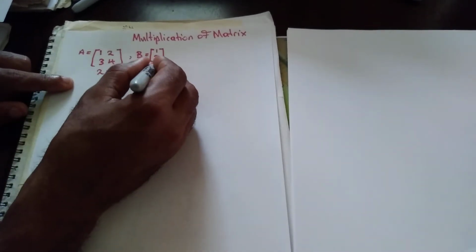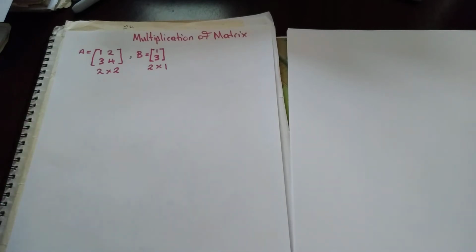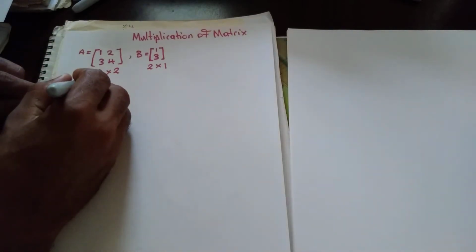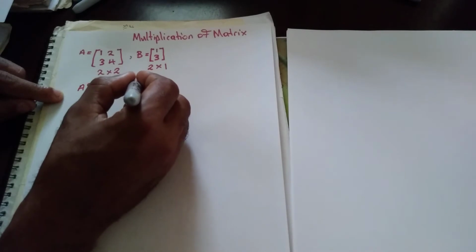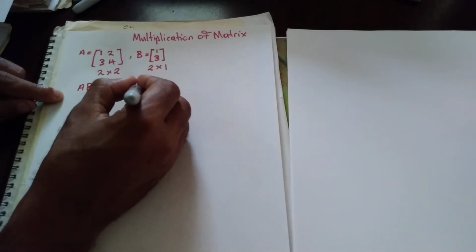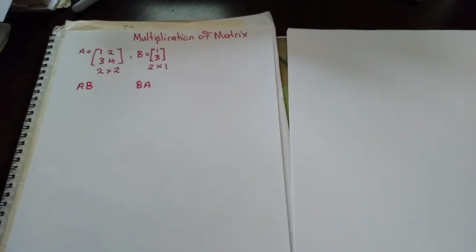So we have 2 rows and 1 column. Now we have to make sure that the matrices are conformable, meaning that we can actually multiply them. Now let's say we're going to find AB, and let's say we're going to find BA. Now let's see if these could actually work.